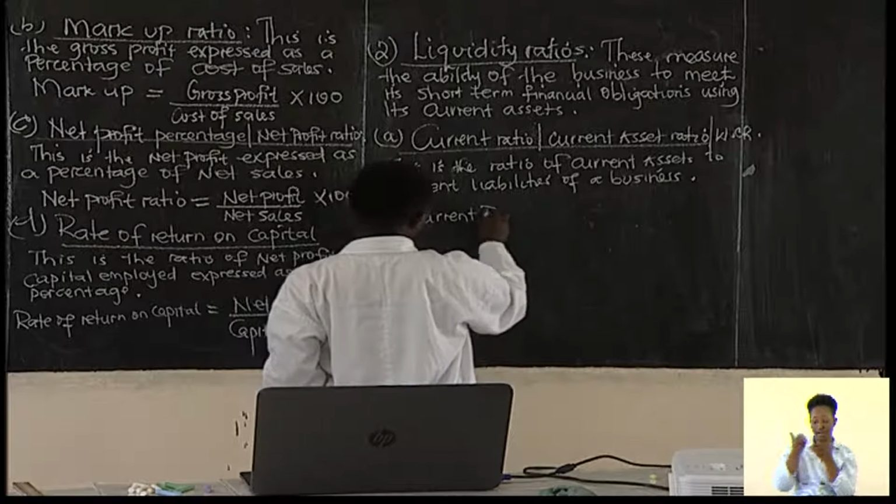In this case, you will compare the two. We shall be able to know, is the business in a good financial position to clear its current liabilities using its current assets? Here we introduce concepts like solvency and insolvency. If the business current assets can clear its current liabilities, the business is solvent.